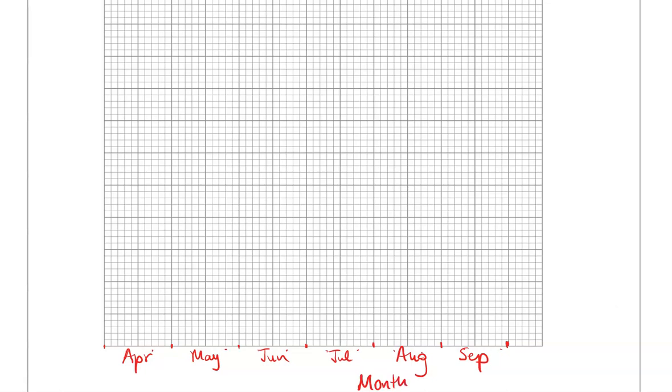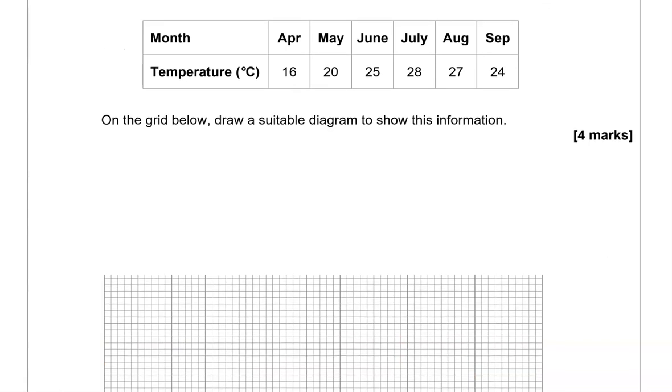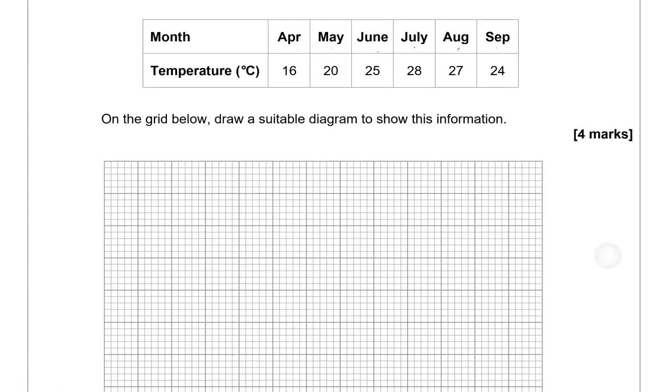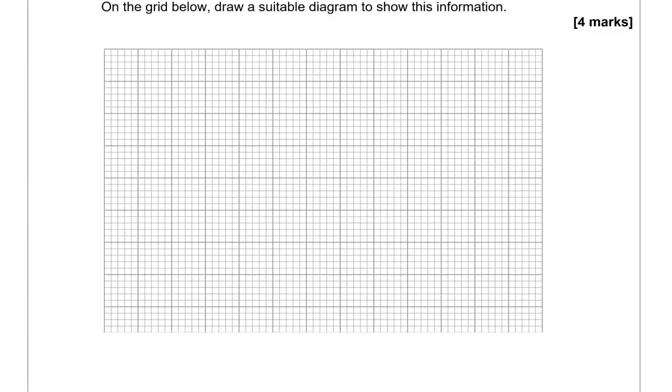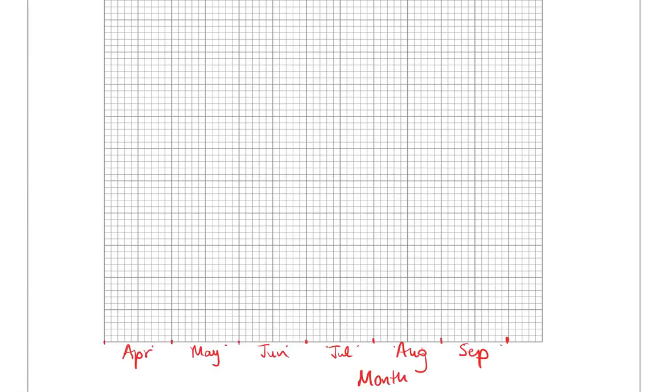And these are months. So we labeled the axis. Now vertically we're going to represent the temperature. And what's the highest number it goes to? That is 28. Let's see, how many squares do we have?